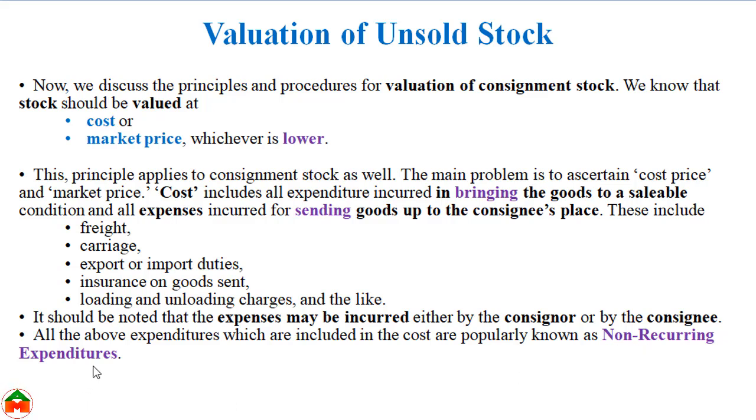The non-recurring expenditures include those expenses which occur until unloading. After the unloading by the consignee, there may be some other expenses, but those expenses should not be considered. Until unloading, you have to consider those expenses for determining the cost price for the valuation of unsold stock.